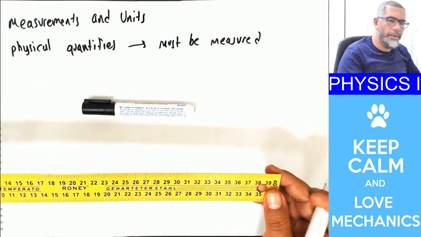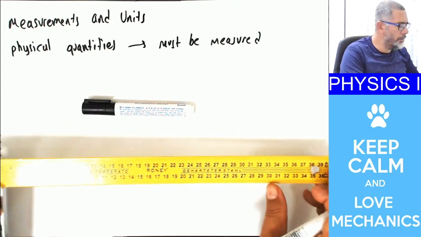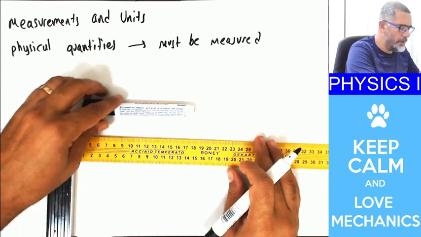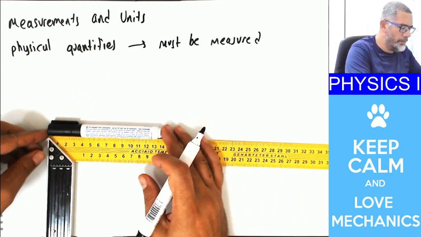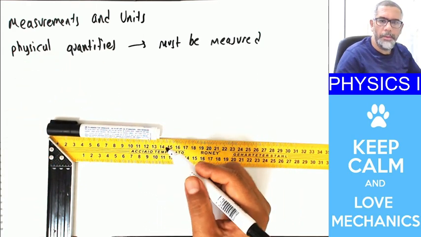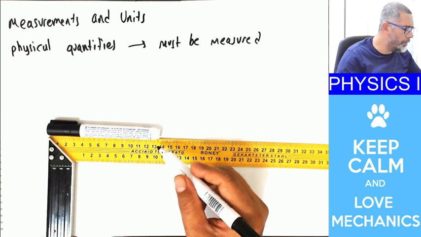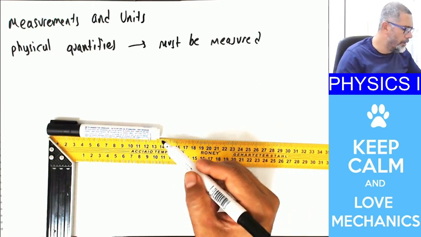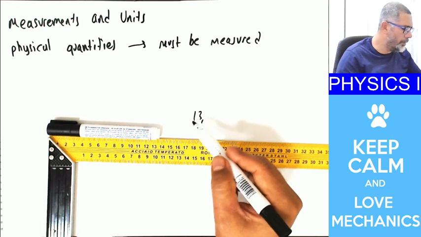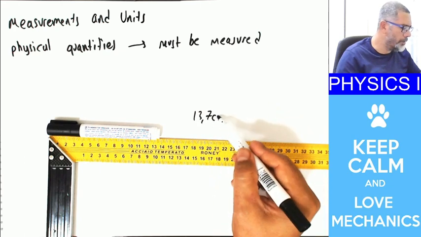If you grab a ruler like this, you can simply measure the length of this whiteboard, which is about somewhere between 13 and 14 centimeters, closer to 14, let's say 13.7 or so centimeters, right?